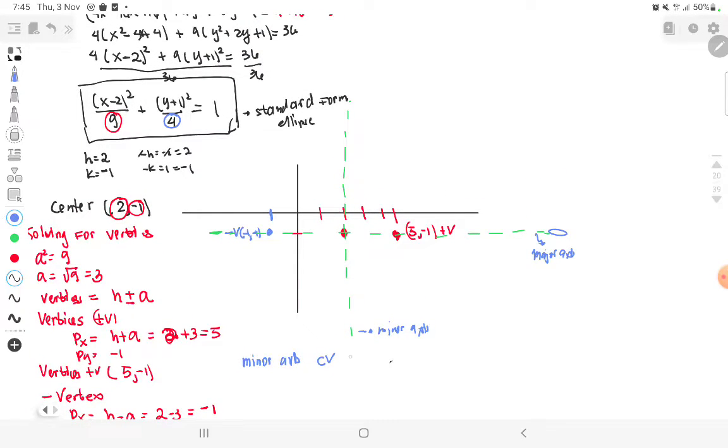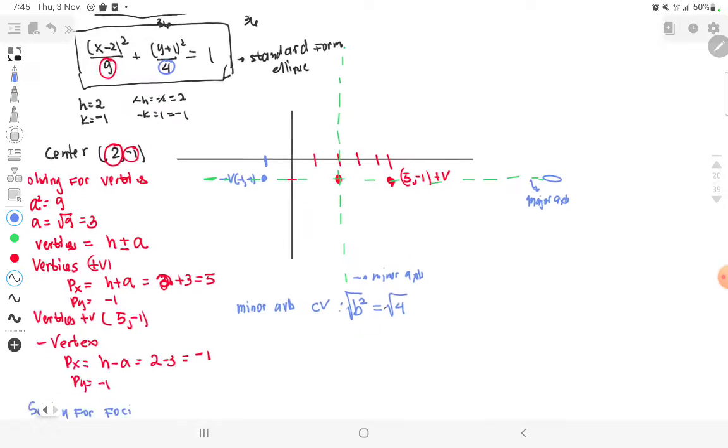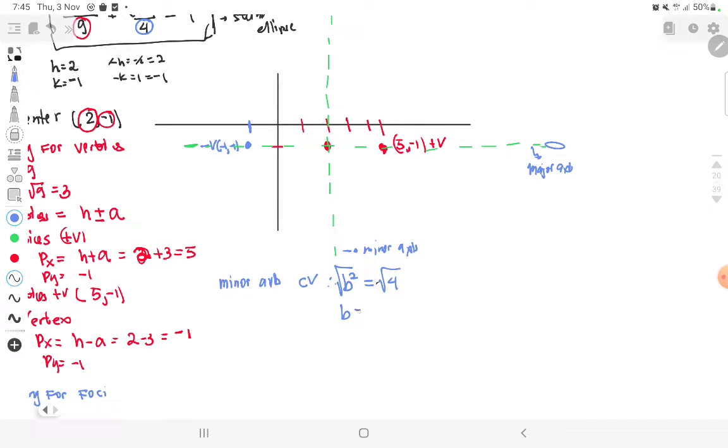This is our b. So we have b squared is equal to 4. So getting the square root, we'll have b is equal to 2. Okay?